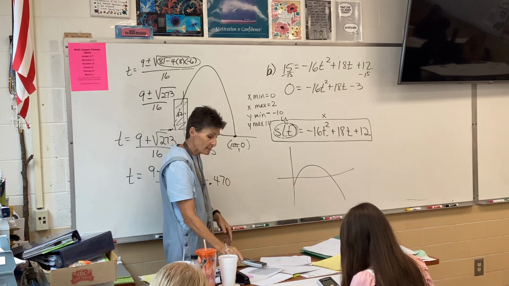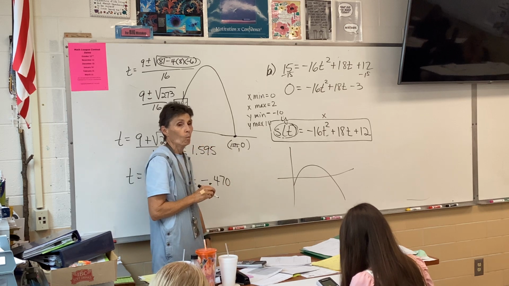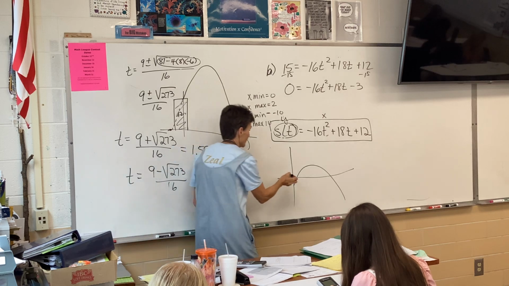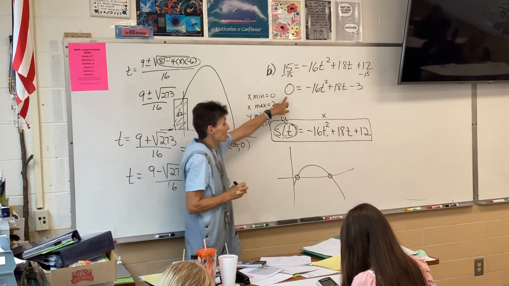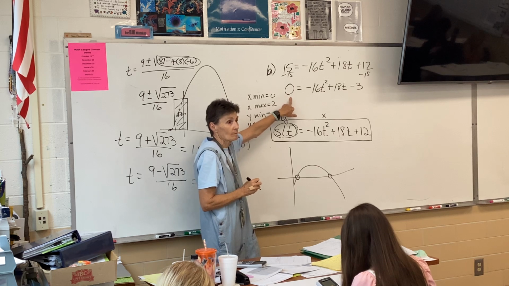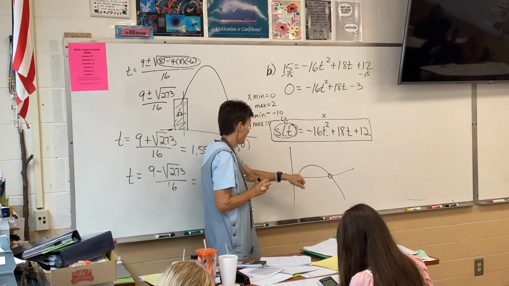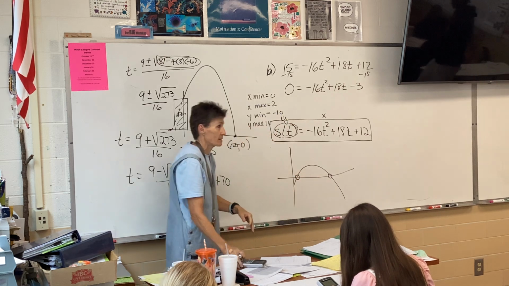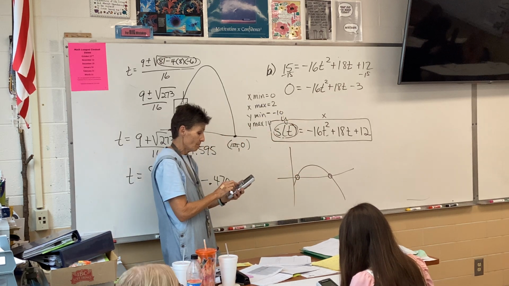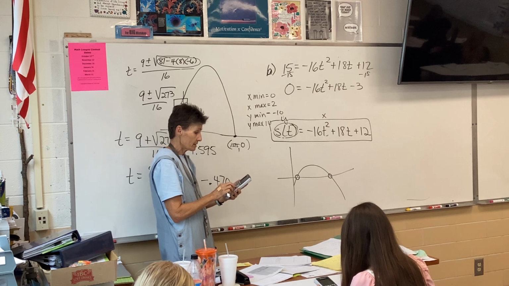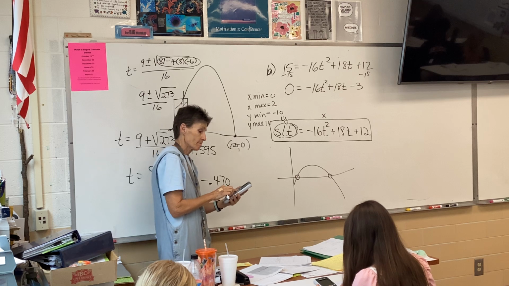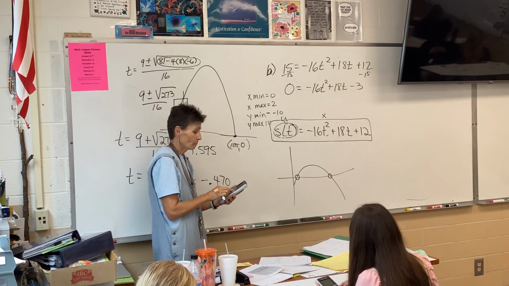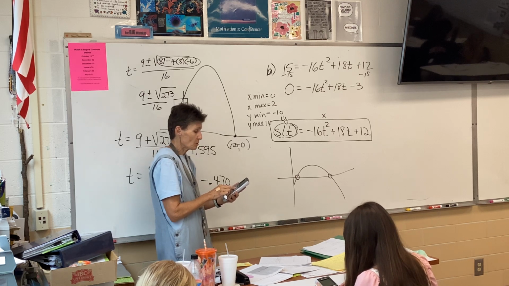If I'm doing it graphically, what am I looking for? That point and that point, because that's where it equals 0. So now I'm going to find those 2 points on my calculator. So second calc, zero. Remember, this was your idea.